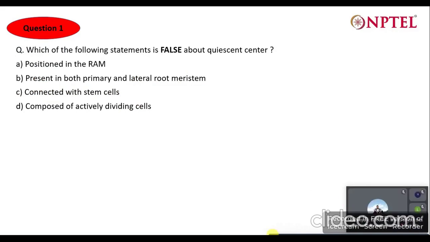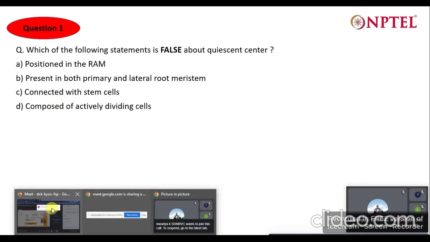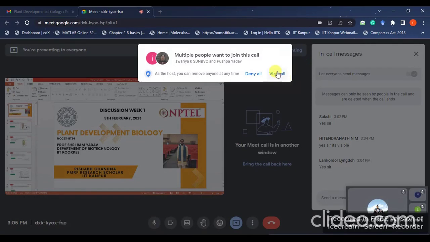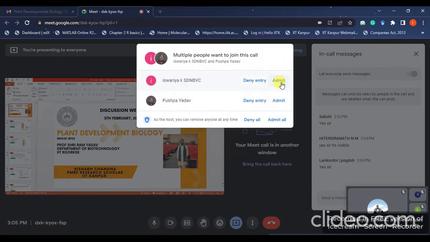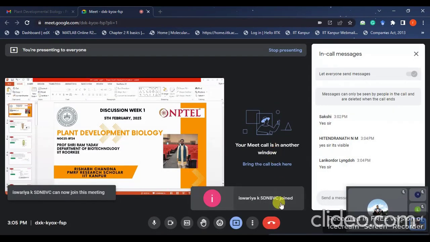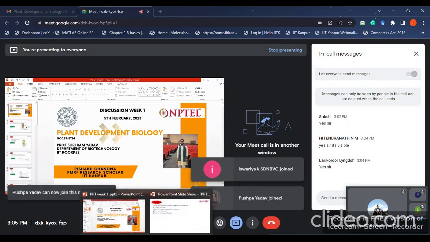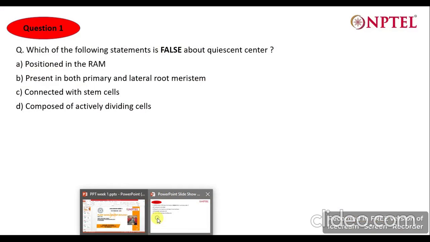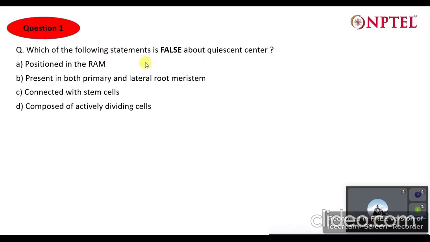So this is the first question. Which of the following statements is false about the quiescent center?